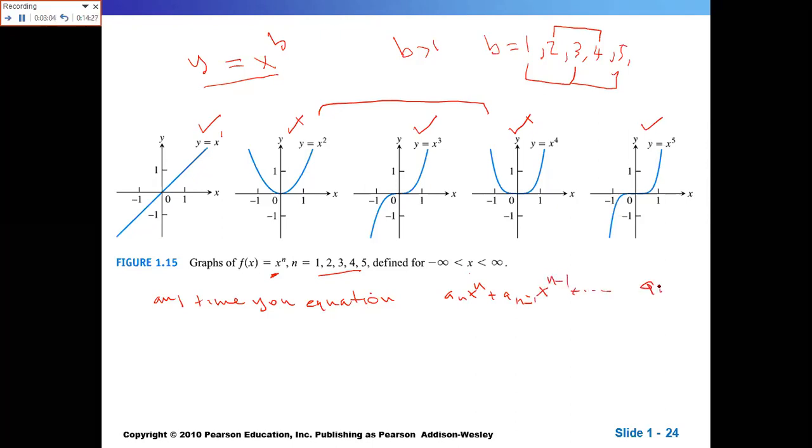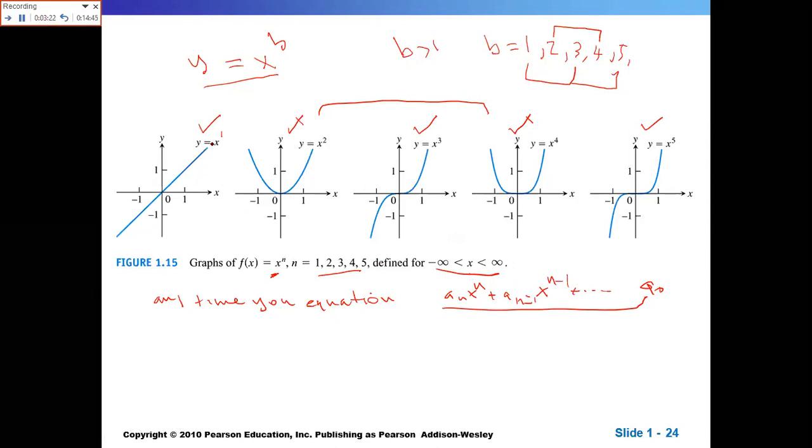Until let's say a sub 0. Anytime you have something like this, then the domain is negative infinity to plus infinity. Anytime. And this is a function of this kind, right? Any of these functions, you can represent it by this, right?